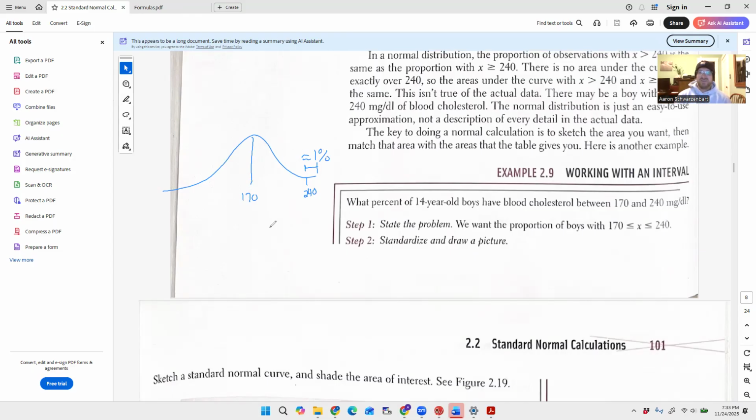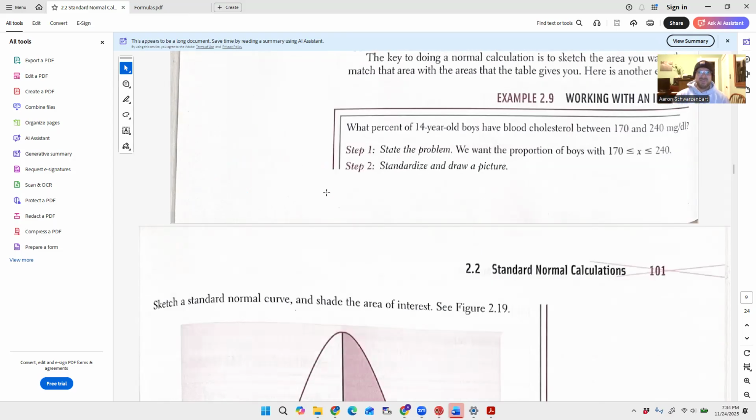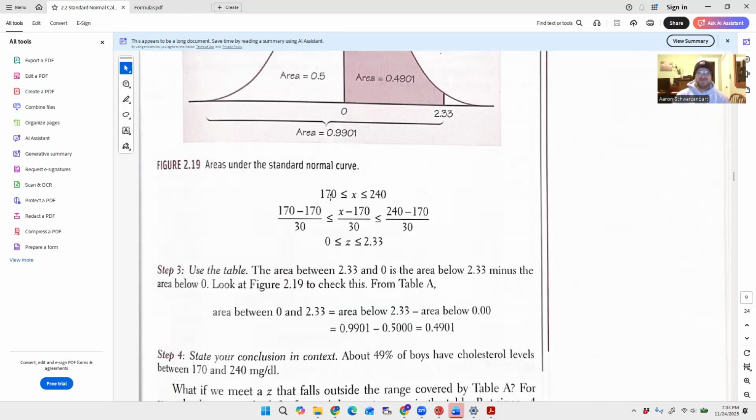Well, above the mean is 50%, so this is 49%. So I finally stated in the context of the problem, 49% of boys have cholesterol between 170 and 240 milligrams per deciliter. Notice how I gave the units too.